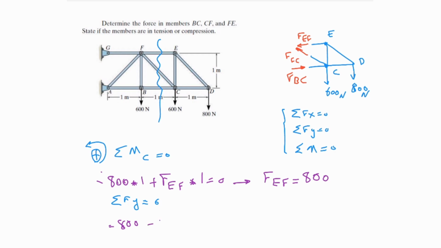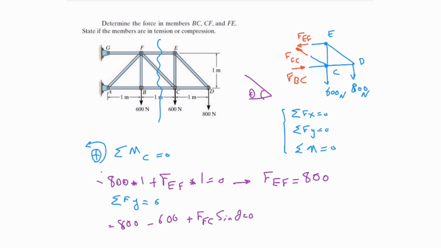I have minus 800 and minus 600 and plus FC. Let's consider this triangle and name it theta.